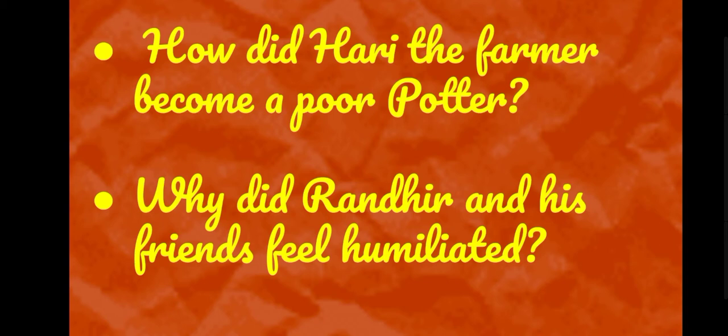Why did Ramdhir and his friends feel humiliated? Here Ramdhir was written incorrectly, sorry for that. The spelling is Ramdhir. So Ramdhir and his friends were not allowed to board the first class compartment of the train or to enter the park as they were Indians, and the British saw them as uncivilized people.